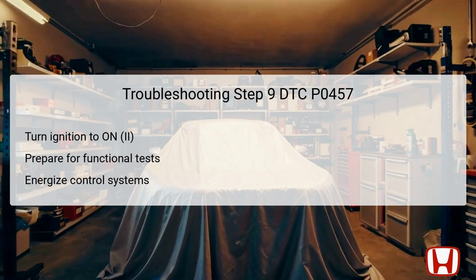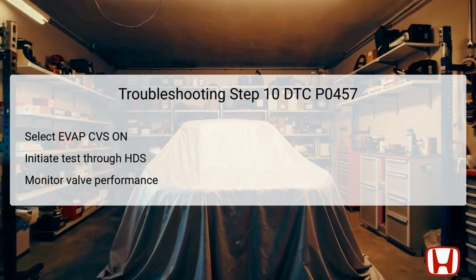By ensuring all components are active and ready for testing, you will have a clearer diagnosis of any lingering issues related to the DTC P0457. This phase is integral to confirming whether previous interventions have addressed the root of the problem.